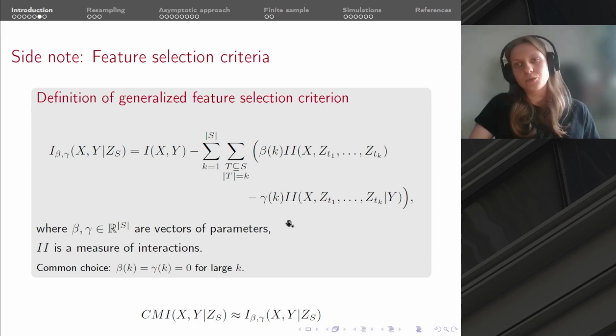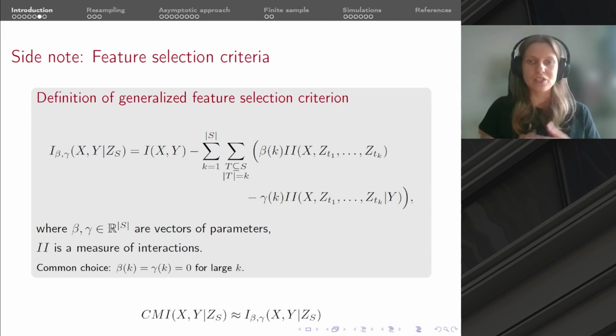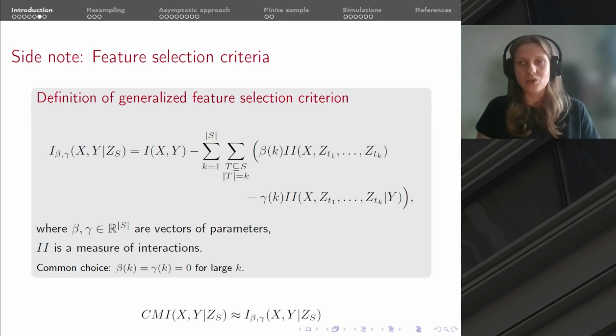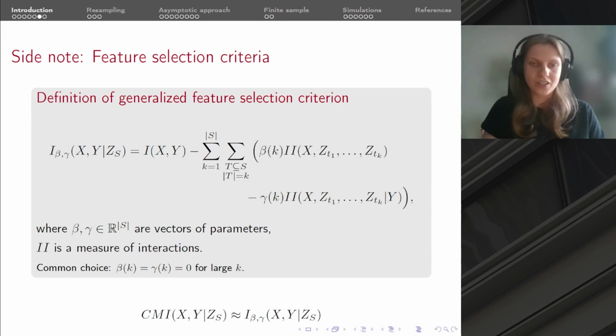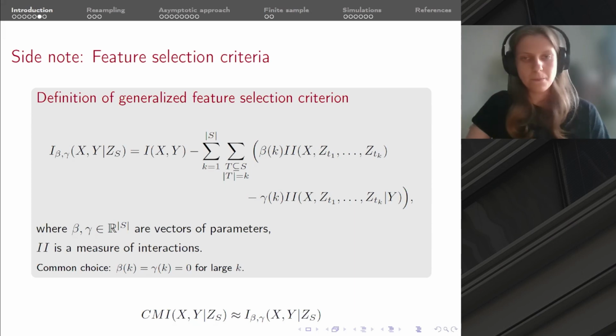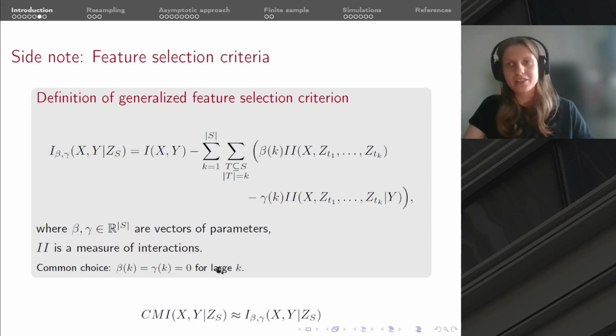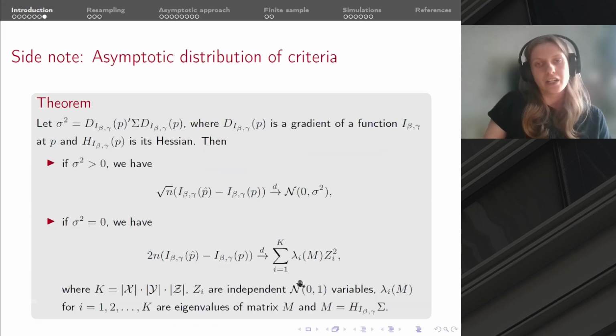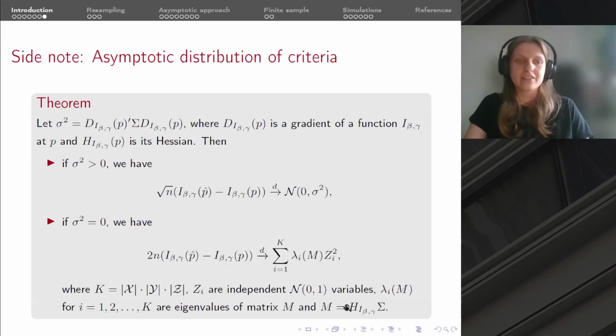Basically it means that instead of using the full conditional mutual information, which includes all the interactions between all the variables, we ignore some interactions and put more weight on some lower level interactions. It is easier to estimate, but unfortunately, it is much more complicated in a theoretical way.